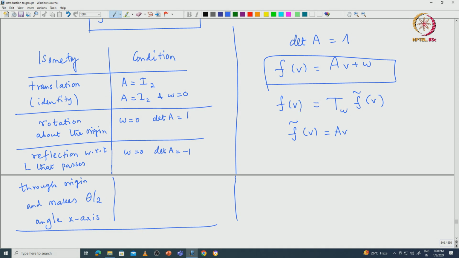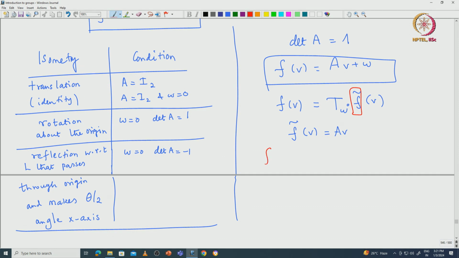So, now you see that this is a composition of two maps, this f tilde which corresponds to the determinant A being 1, this is supposed to be a rotation about origin. Now, if you take a rotation about origin and then translate further, then all you are going to get is again a rotation, and that rotation now is not about origin. So, that is now about this f of 0.